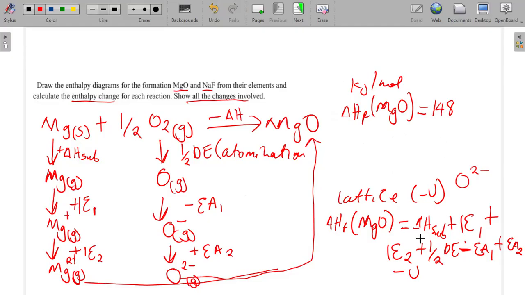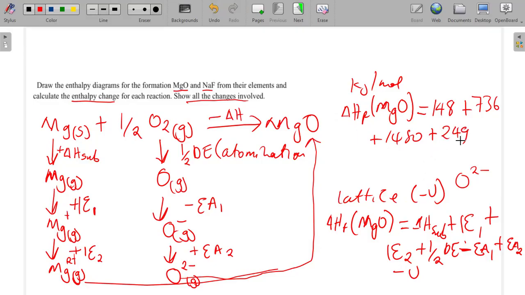Then we have plus the first ionization energy for magnesium, which from your literature should be 736. So we have 736 plus, then we have the second ionization energy for magnesium, which is 1450 plus, we have half of the dissociation energy for oxygen there, which is 249.